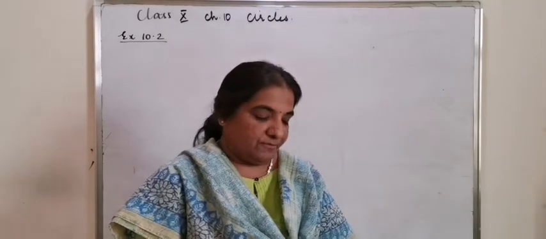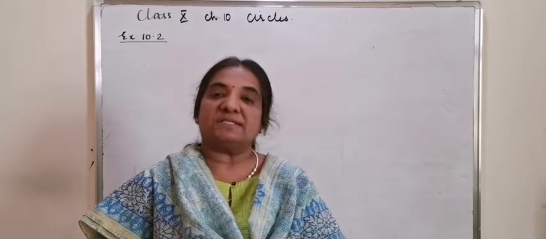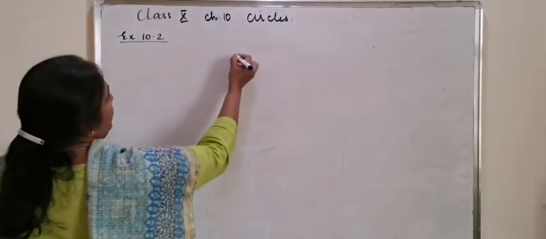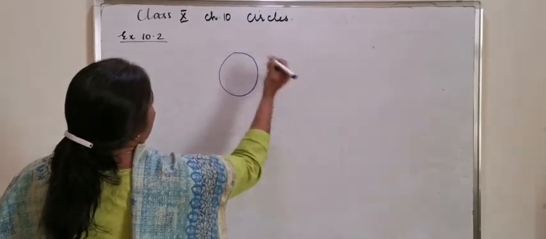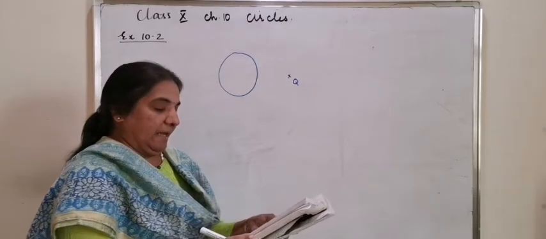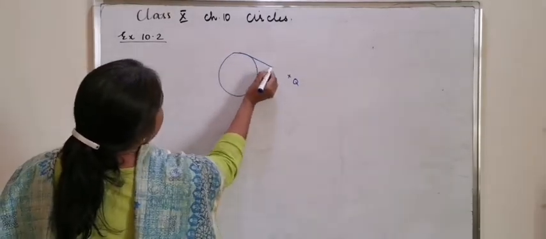First question: from a point Q, the length of the tangent to a circle is 24 centimeters.